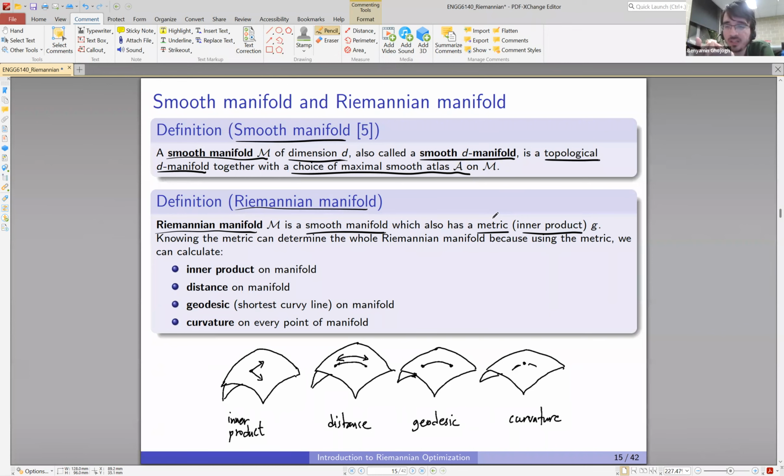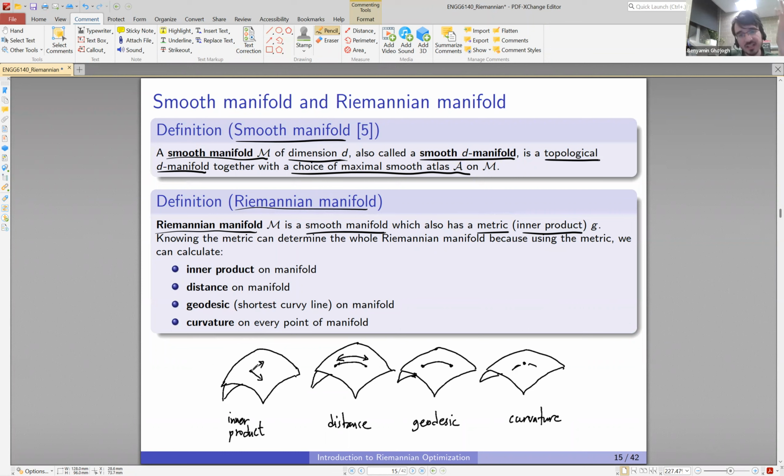Metric here in Riemannian manifold means inner product on the manifold. So when you have two vectors on the manifold, you can calculate their inner product. Locally, these two vectors are in the tangent space at this point. I will define the tangent space in a few slides.